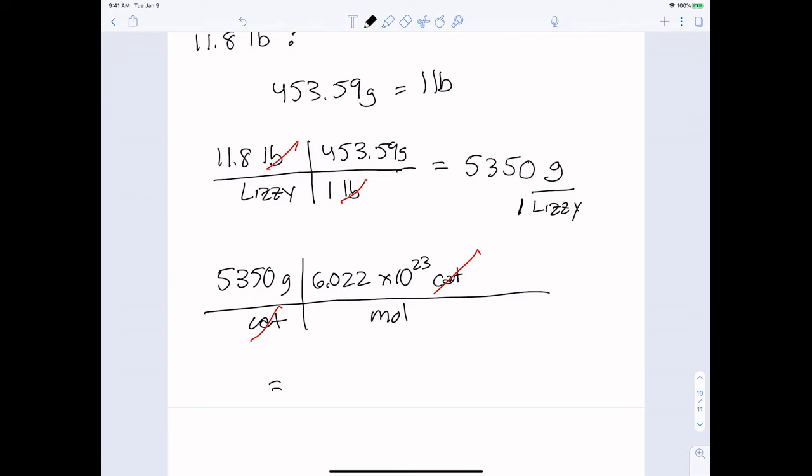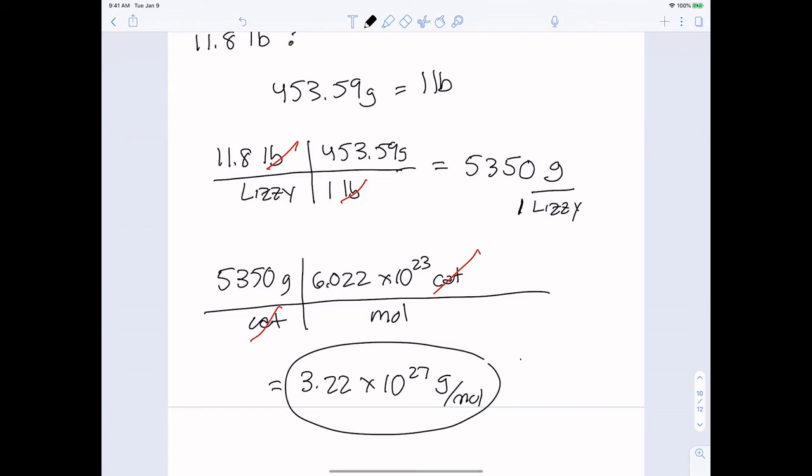A lot. So I get 3.22 times 10 to the 27th grams per mole. So that would be the molar mass of Lizzie. Right? What is the mass of 1 mole of her.